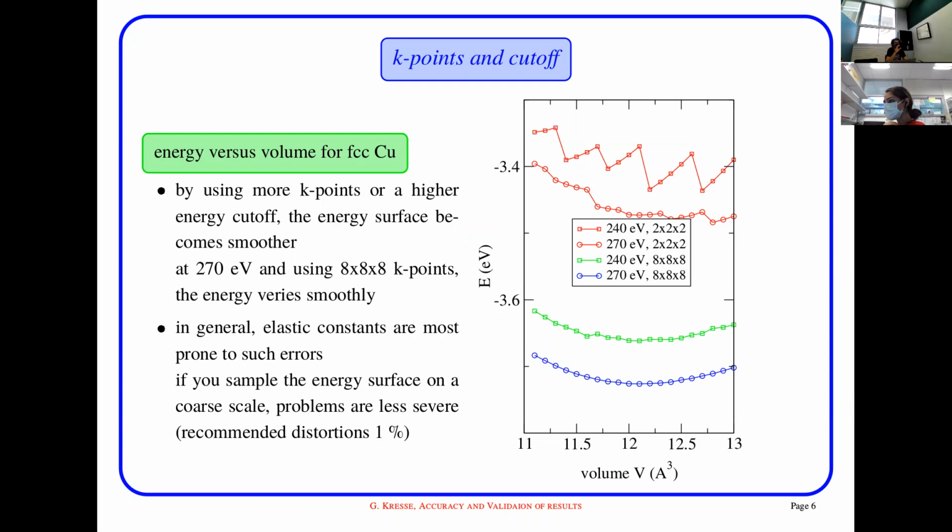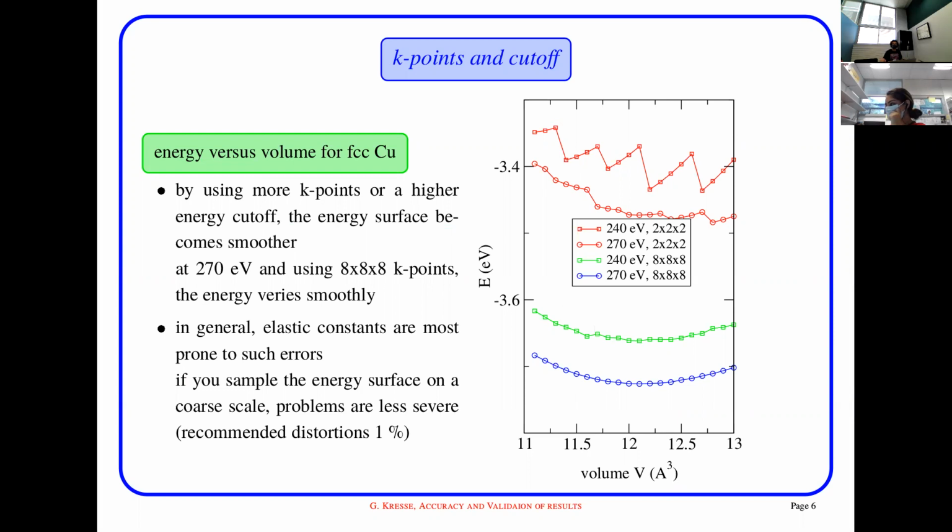Here there is nothing that special to say. It's just telling you what the problem is: the energy of your system varies with the volume. That's the reason why you need to adapt your energy cutoff whenever you change the volume, because otherwise you will be simulating two different things.